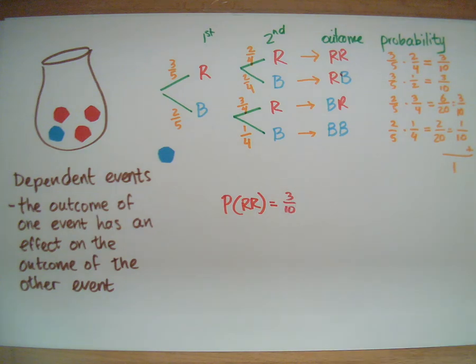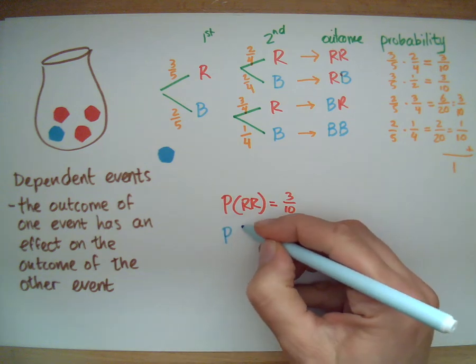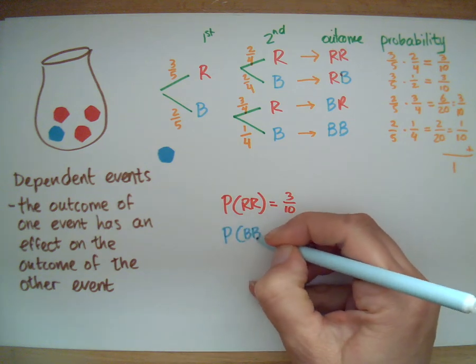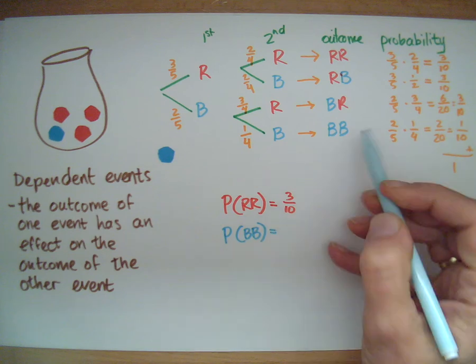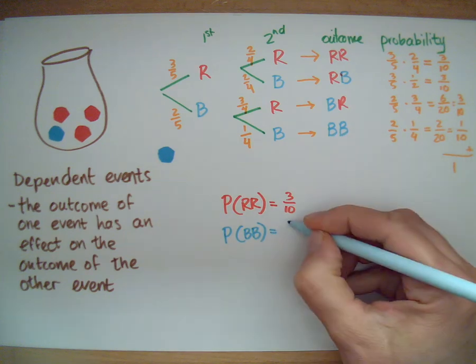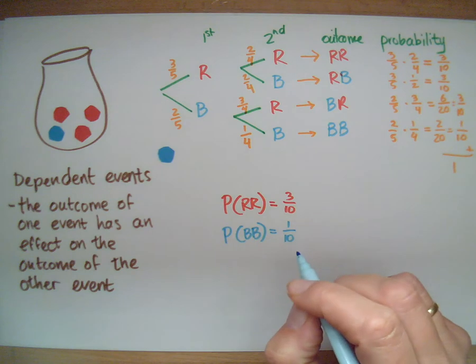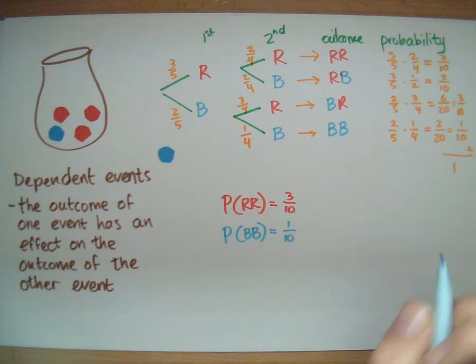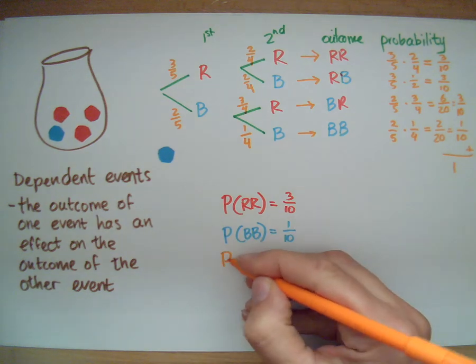Yes? Say we wanted to find out what the chances are of getting blue, blue. So both blue. That's this one, 1 out of 10. Those are easy.